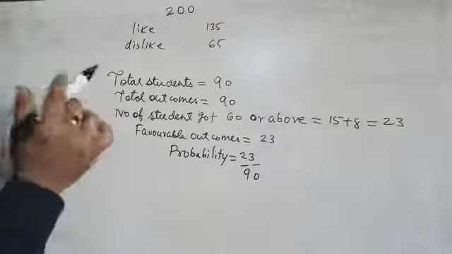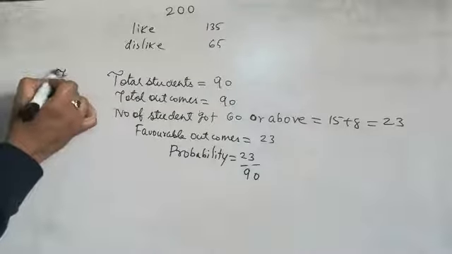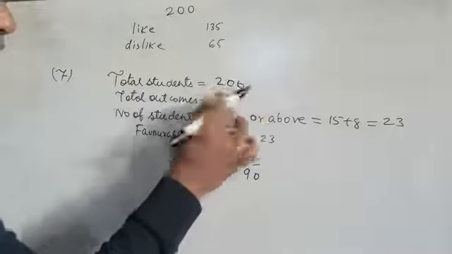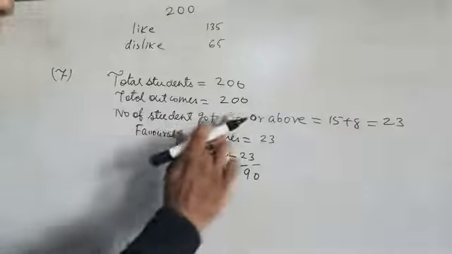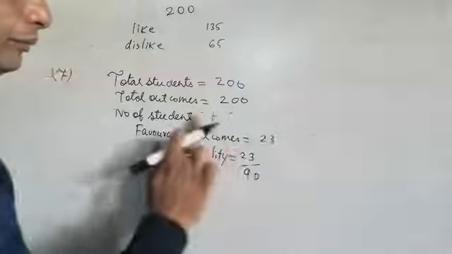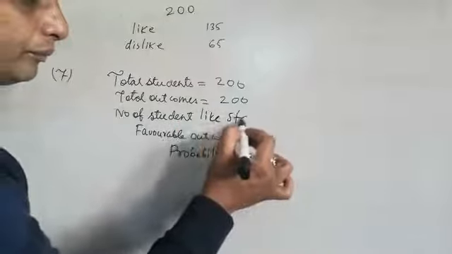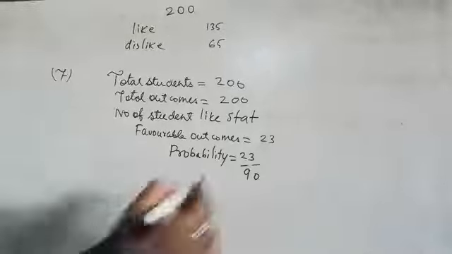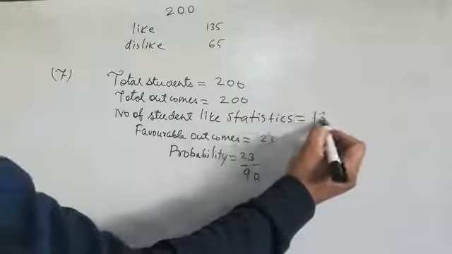So we will write the steps here. This is question number 7. Total students will be 200. Total outcome is also going to become 200. Number of students who like statistics is equal to 135.